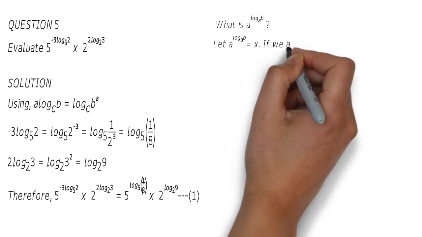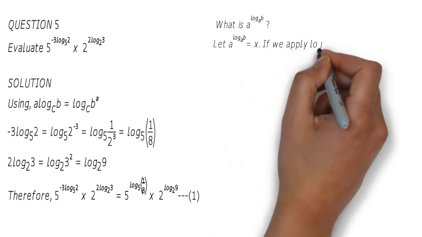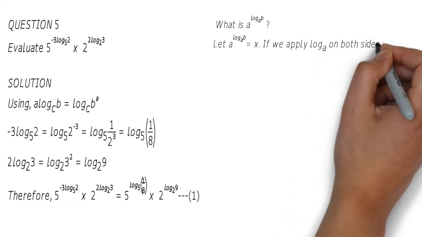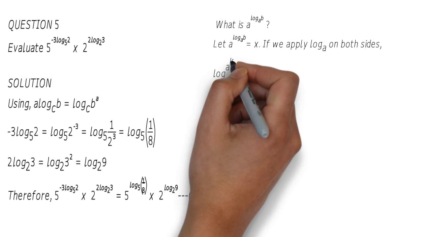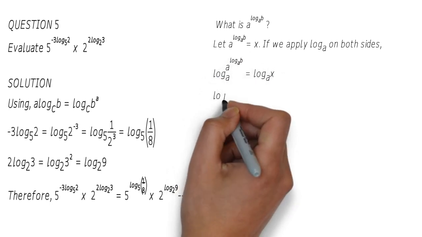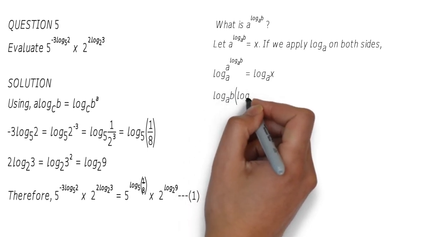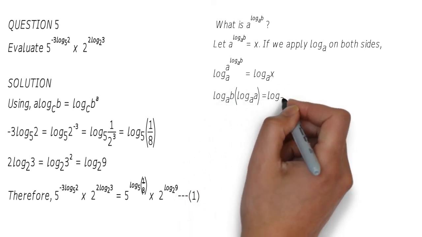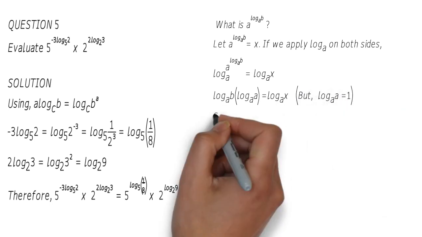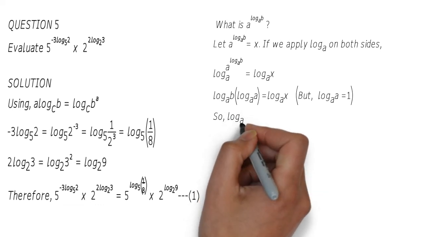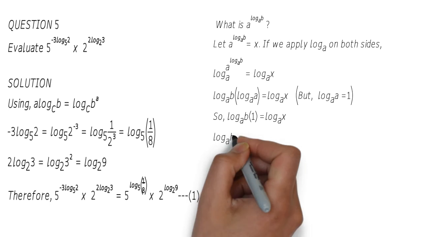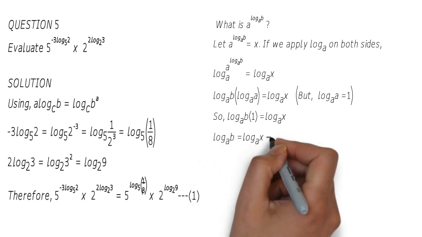Let's put it equal to x. Now if you apply the logarithm on both sides, what we're trying to do here is to break down the power or the exponent of the base a. If you do that, log b to base a can come down. But don't forget log a to base a equals 1. So putting that in mind, we have log b to base a equals log x to base a.